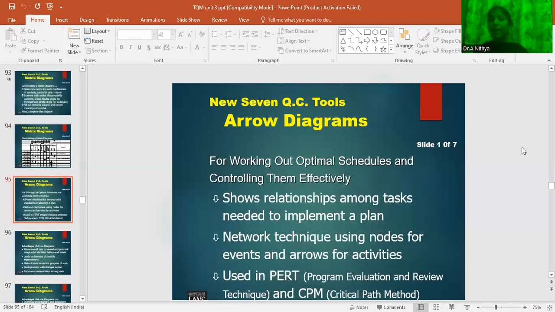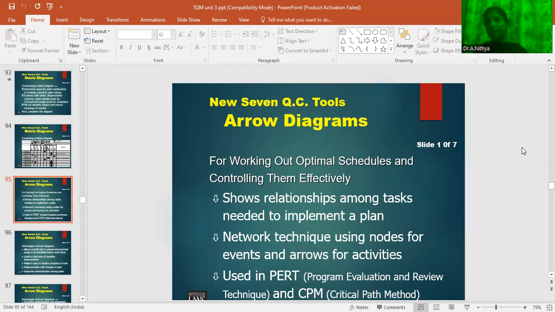Then comes the arrow diagram. So what is the use of an arrow diagram? This is purely for planning. So in this arrow diagram, it shows a plan, schedule, and control of the activities. This arrow diagram is used in PERT and CPM.